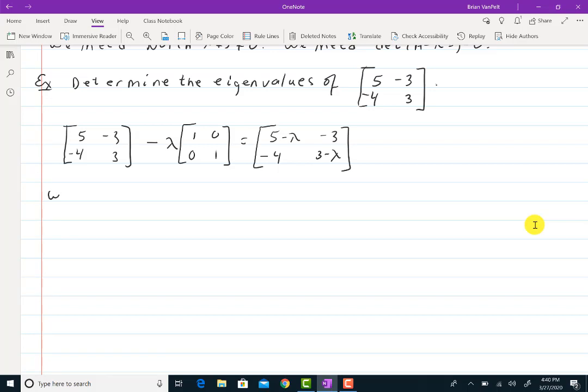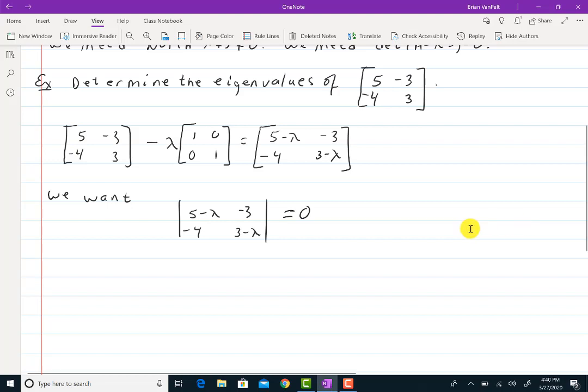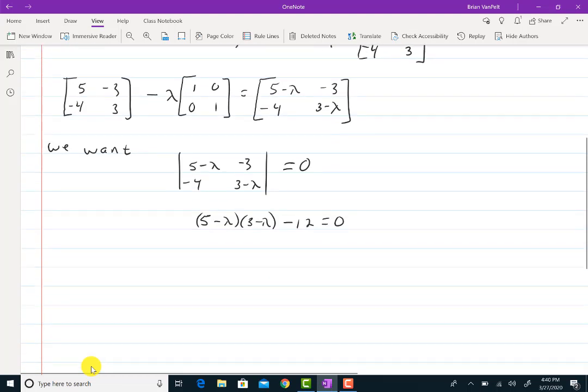So we want that determinant to equal 0. And if you recall, the determinant of a 2 by 2, we take the main diagonal, so 5 minus lambda times 3 minus lambda, and then we subtract the other diagonal, minus 12, and that's equal to 0.